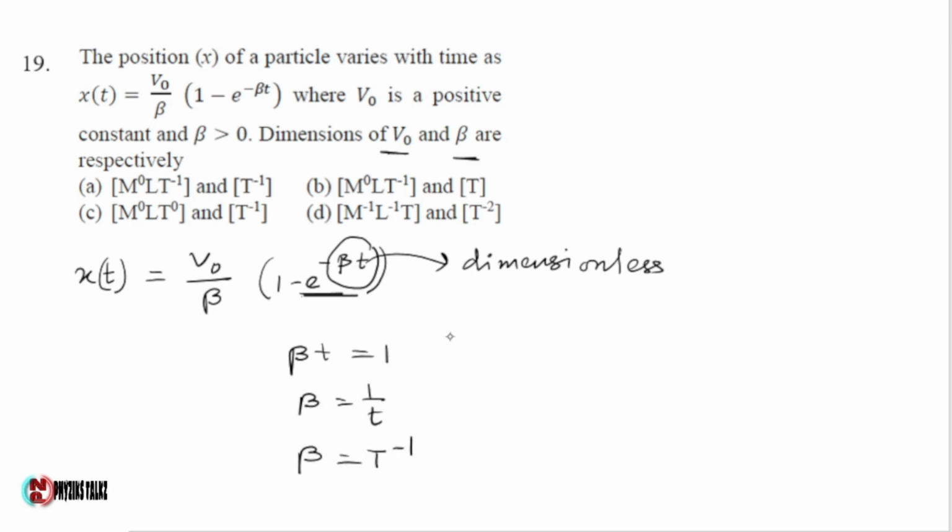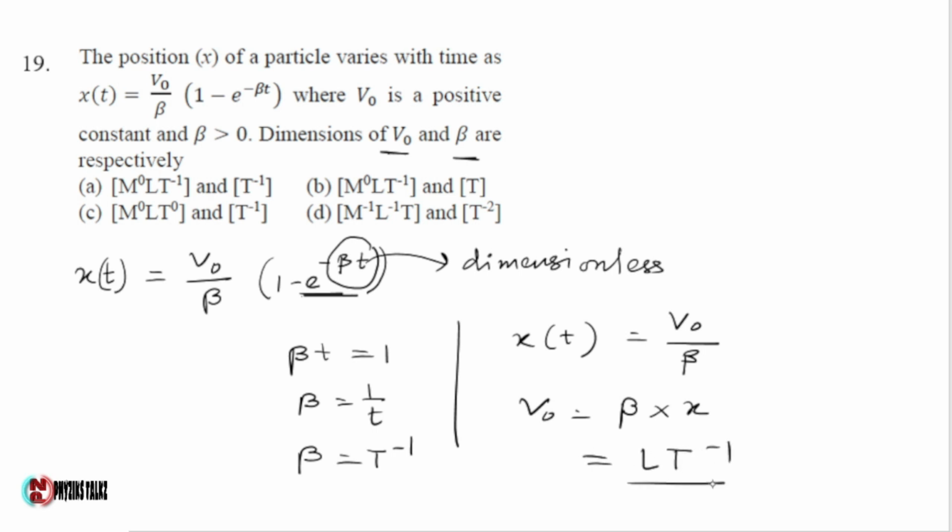So the dimension of beta is T inverse. Now x of t equals v0 by beta, or v0 equals beta into x, which gives L T minus 1. So the dimensional formula of v0 is L T minus 1. So the correct option is option A.